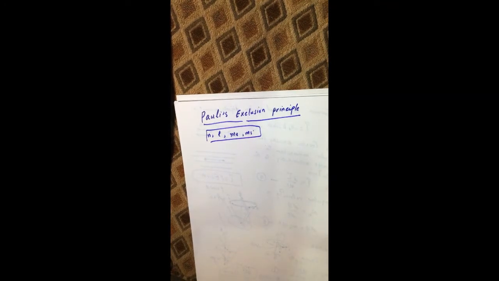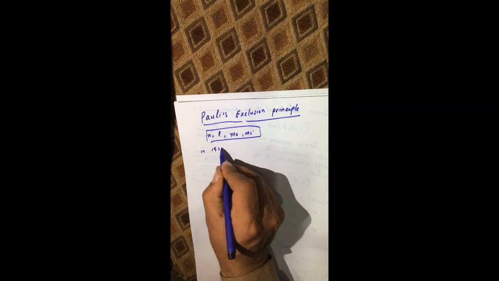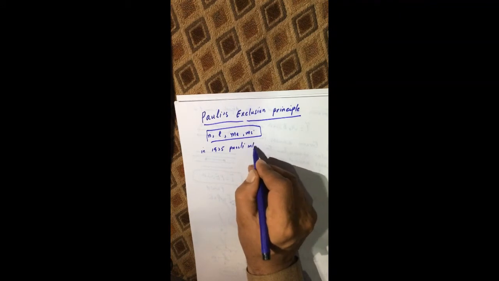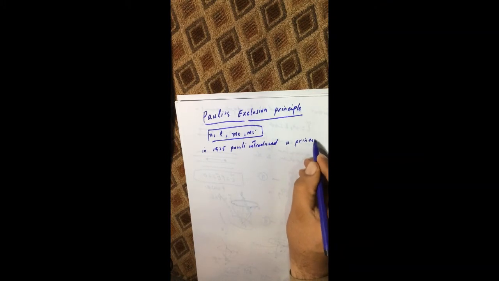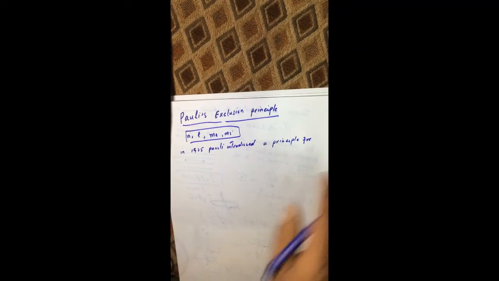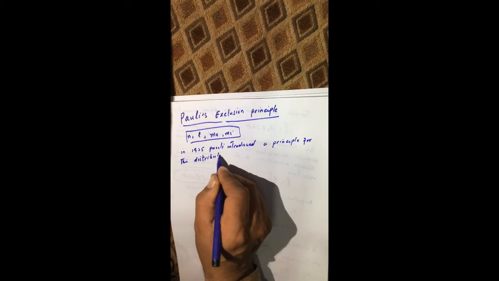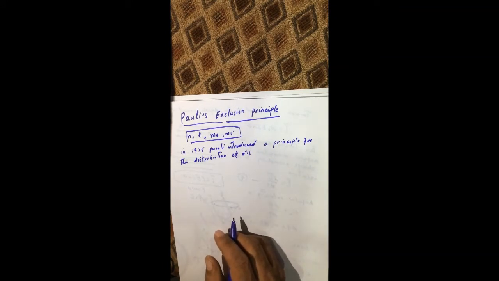In 1925, Pauli introduced a principle for the distribution of electrons in the atom.